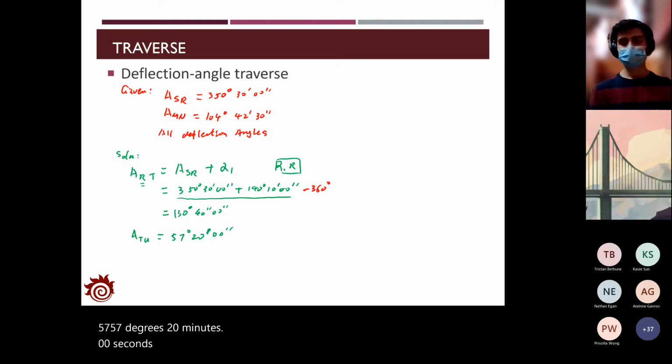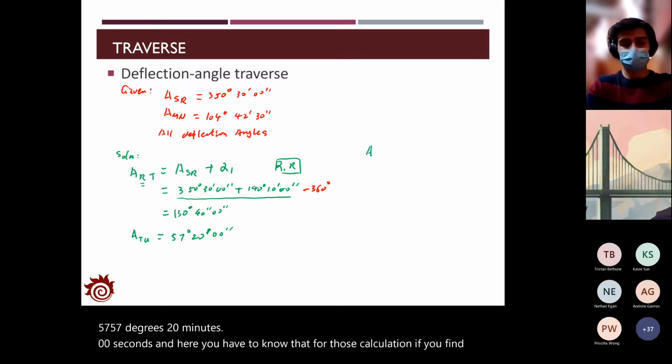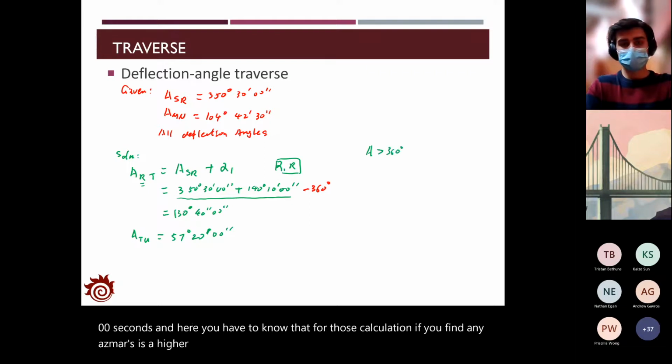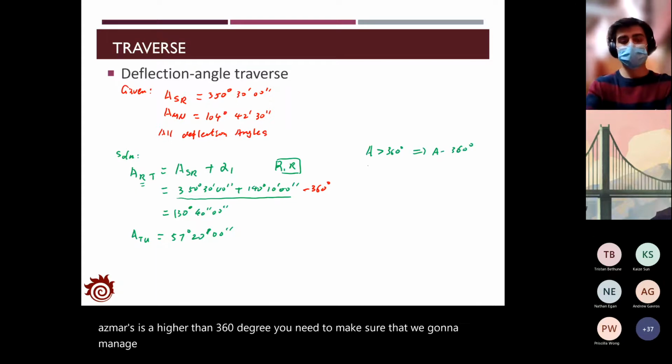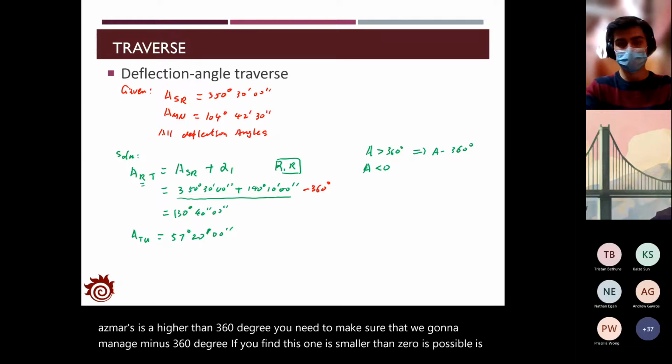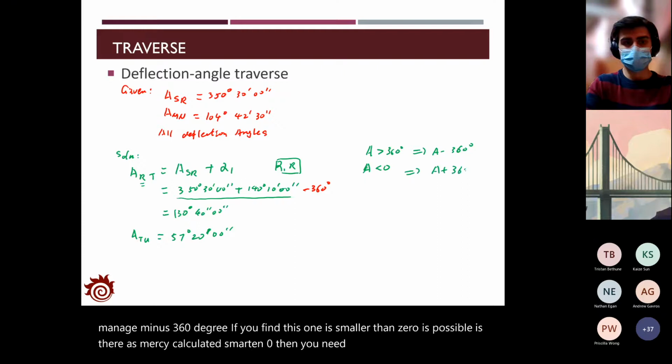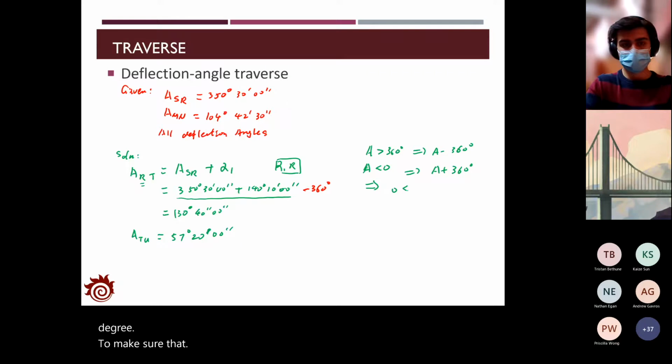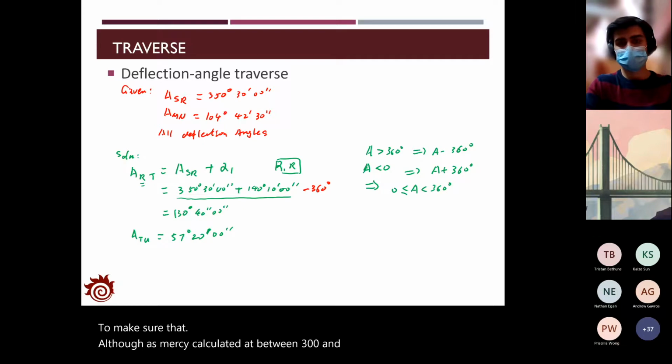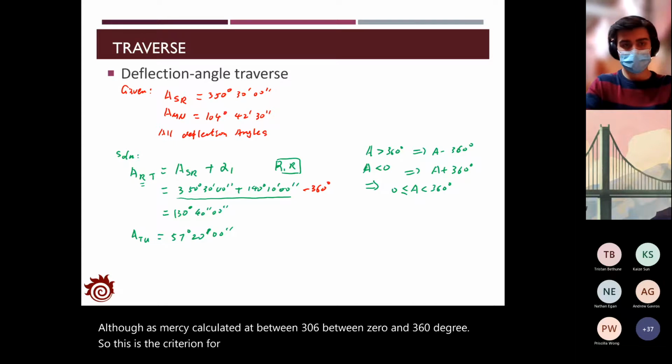And here you have to know that for those calculations, if you find any azimuth is higher than 360 degrees, you need to minus 360 degrees. If the azimuth you calculate is smaller than 0, which is possible, then you need to plus 360 degrees to make sure that eventually all the azimuths you calculated are between 0 and 360 degrees. So this is the criterion for you to find out the azimuth of each line.